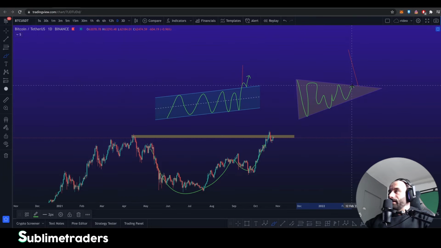Right here in the triangle, we will be leaving the formation at around 70% distance from start to finish. So we have established our triangle. We know that it started somewhere around here, and we know that it ends somewhere around here, because the two diagonal lines point to the same place. So this way we can create a triangle.